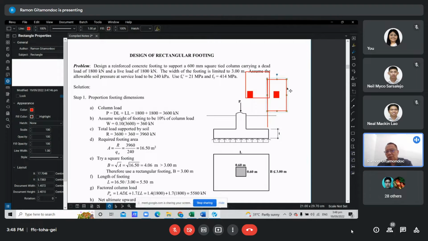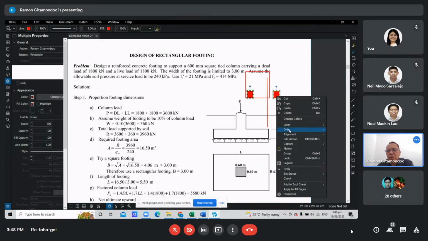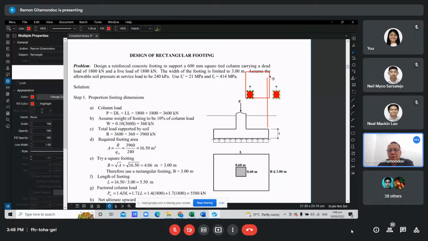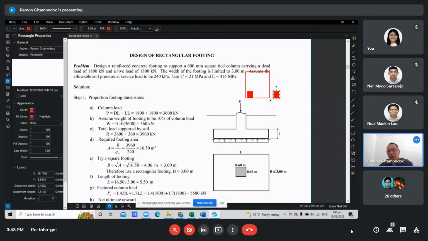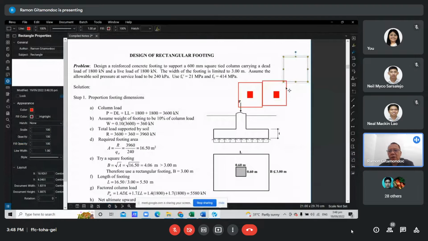Pananglitan kung duha ka column nga dool kayo ang ilang location. Kung mo gamit tag square footing, gawas nga ang ilang footing area mag-overlap na no. So mag-overlap ang ilang footing area.